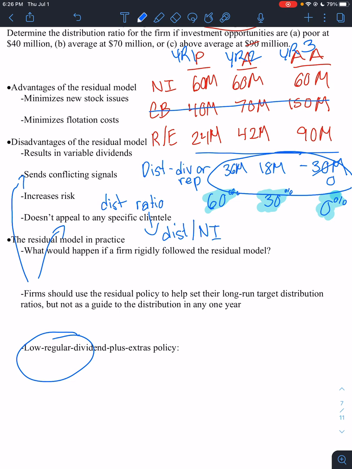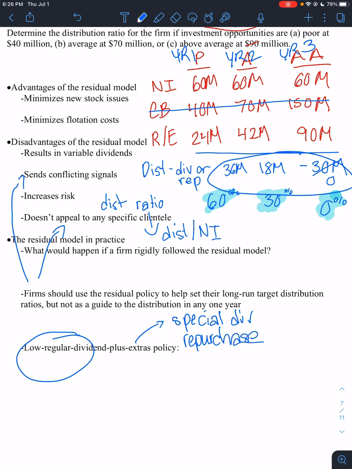Like absolute 100% you will be able to keep this dividend. Then if you have extra funds available, that's the plus extras part of the policy, you can either designate a special dividend, which firms do, or you go out and you do some repurchasing.